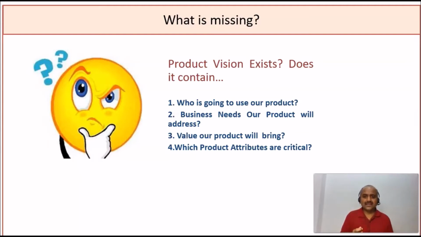What is missing? The missing piece is the product vision. Even if we have a product vision, does it contain clear attributes like who is going to use our product, what business needs our product will address, what value our product will bring, and which product attributes are critical for our product's success?